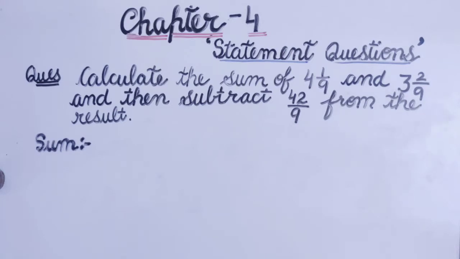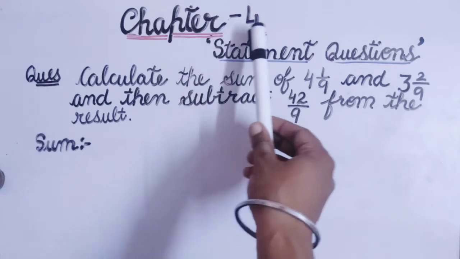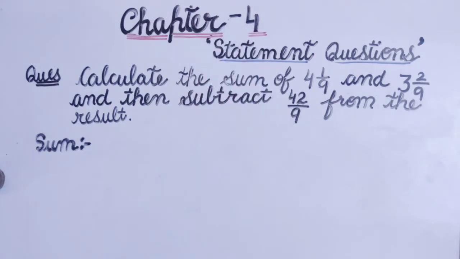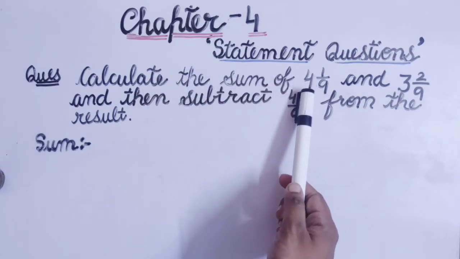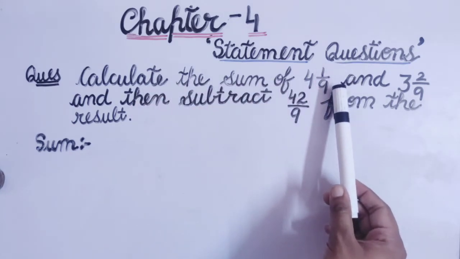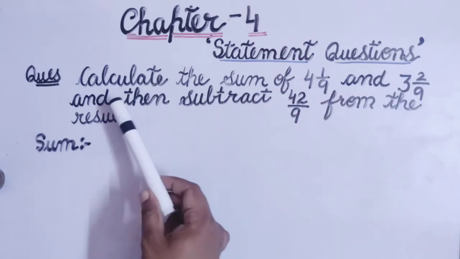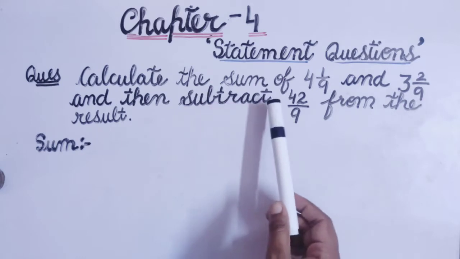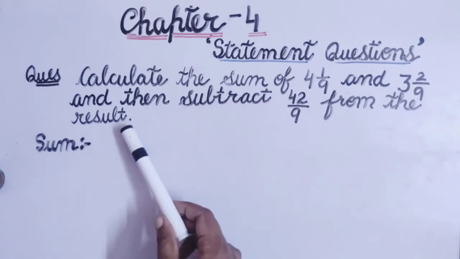Students, today we will discuss the statement questions of chapter 4. So let's start from question number 1. Calculate the sum of 4 1 by 9 and 3 2 by 9 and then subtract 42 by 9 from the result.